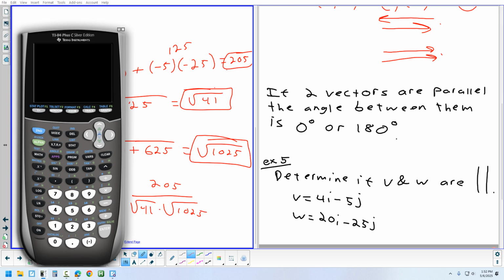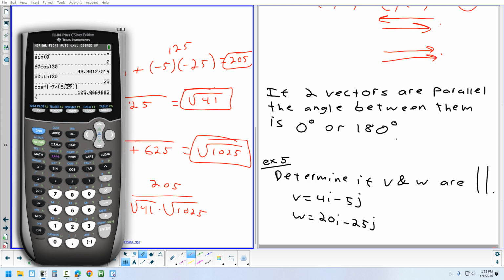So turn it on. Inverse cosine. Remember, second cosine, that's how you get to that. 205 divided by, and then open a parenthesis, square root 41. You don't need a multiplication sign between them if you don't want to put it. Why would you do inverse?